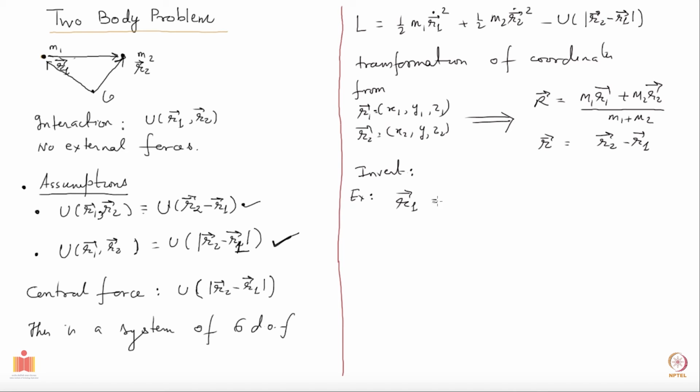R1 you can write as the location of the center of mass minus m2 over m1 plus m2 times this small vector r, which is the separation vector, and then your R2 is this plus m1 over m1 plus m2 times r.